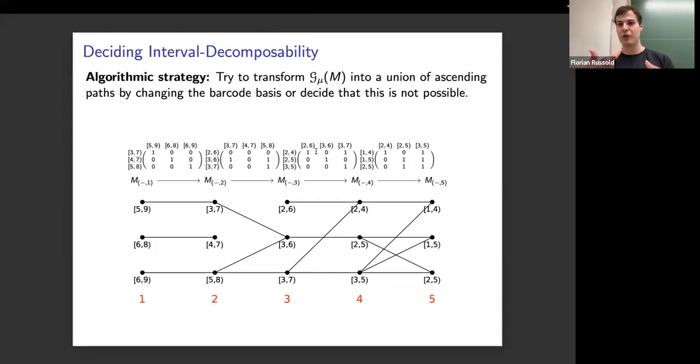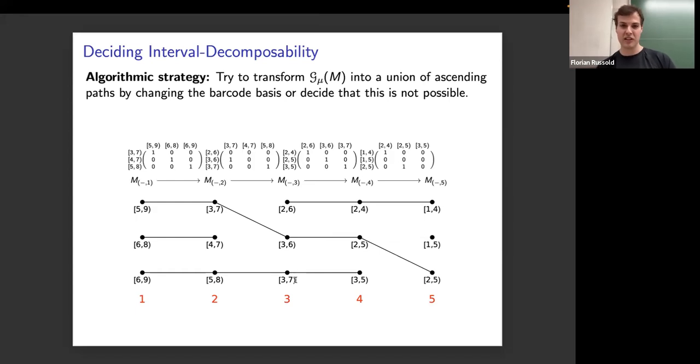So you can only add intervals if they lie in the right way with respect to each other. But if you apply these operations, you can finally untangle these paths into a disjoint union of paths, and on the one hand, you've decided that it is interval decomposable, and you've also found the intervals.